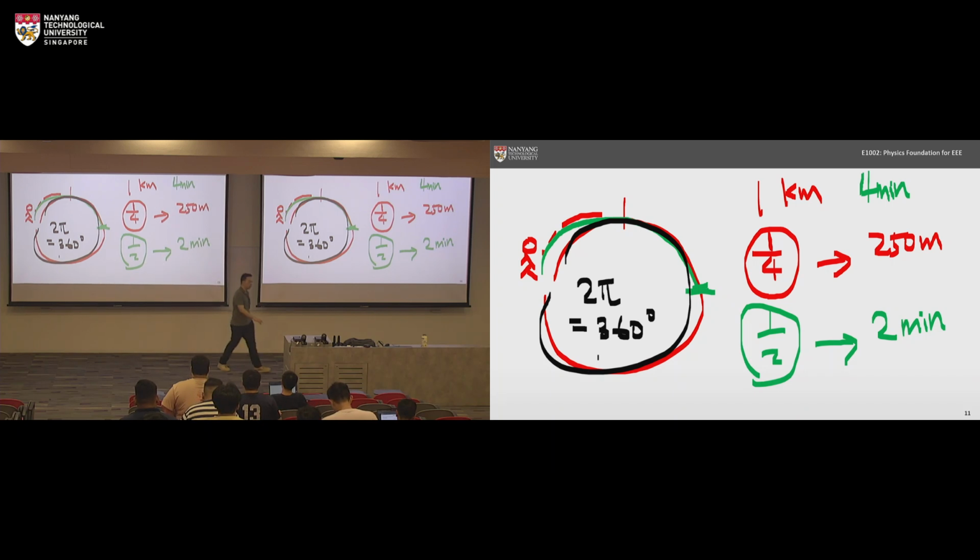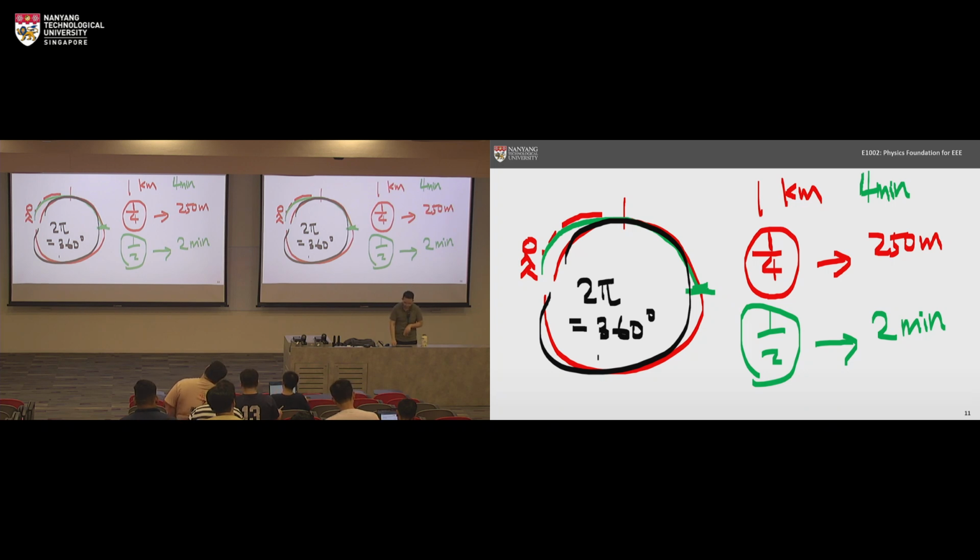So to be more official, one cycle in mathematics is equivalent to 2 pi, or 360 degrees. So we usually express how many pi, that fraction, either 1/2 pi or 1/4 pi, to tell people what fraction of one cycle you have gone through, how much distance you have already traveled and how many minutes you have already been running.